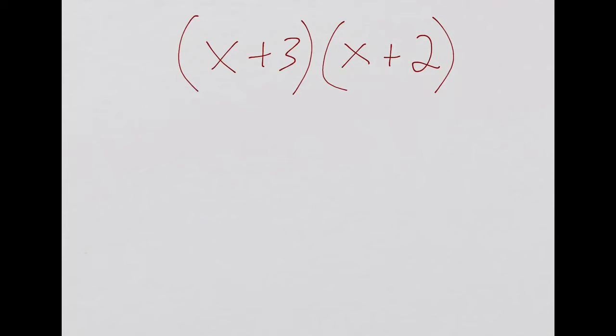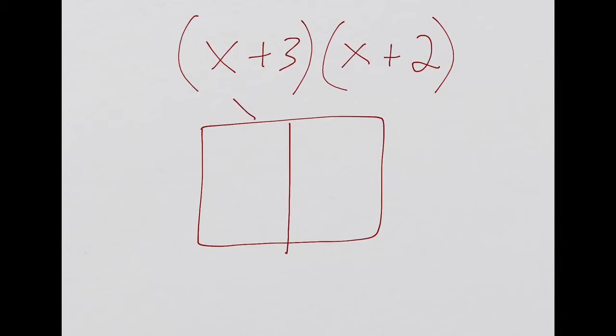So in a similar way, when I have this quantity x plus 3 multiplied by x plus 2, I'm going to create a rectangle. And x plus 3 we're going to split into 2 parts, x here and 3 here. And x plus 2 we're going to split into 2 parts, x here and 2 there. Notice I kept the signs, so positive stayed positive.